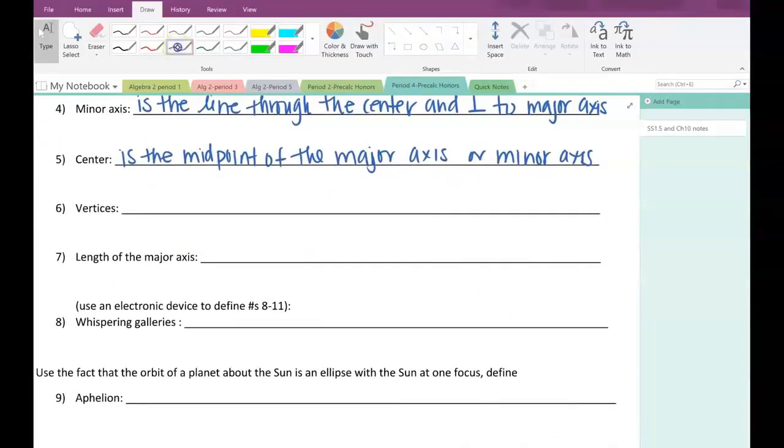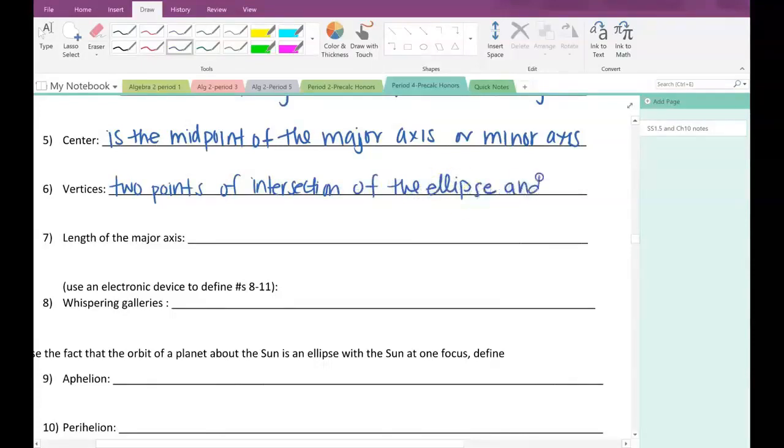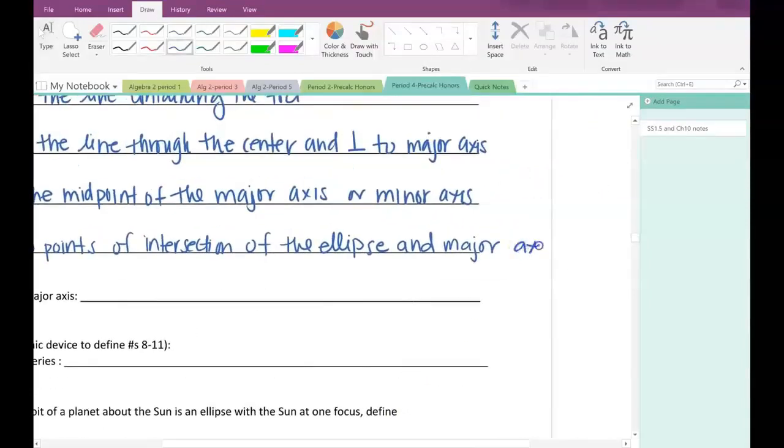Vertices are the two points of intersection of the ellipse and the major axis. So what do I mean by that?